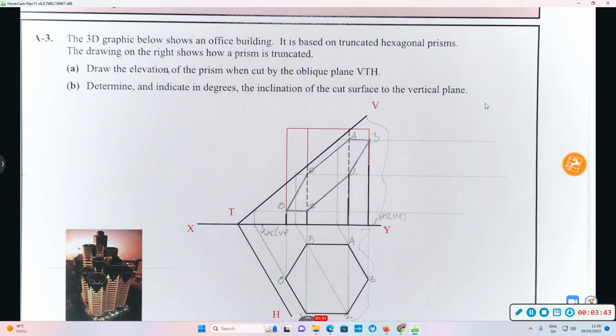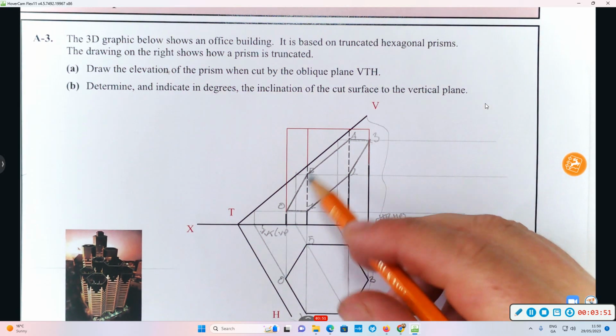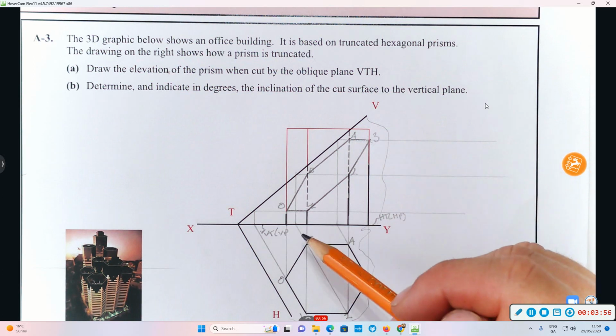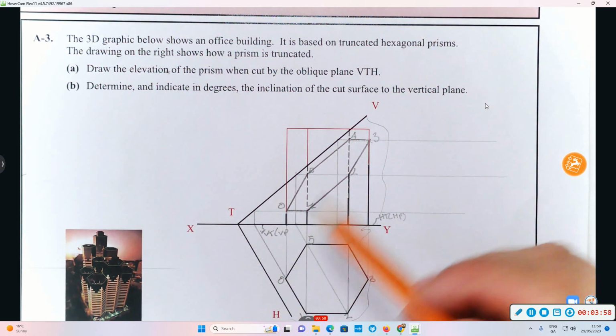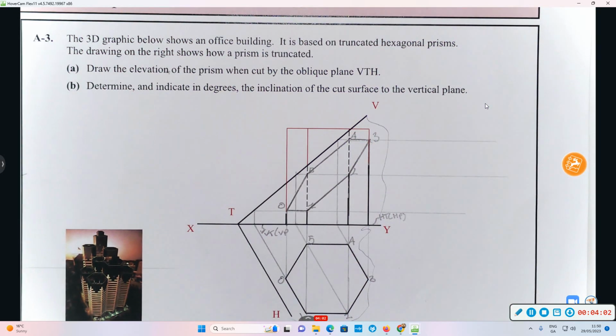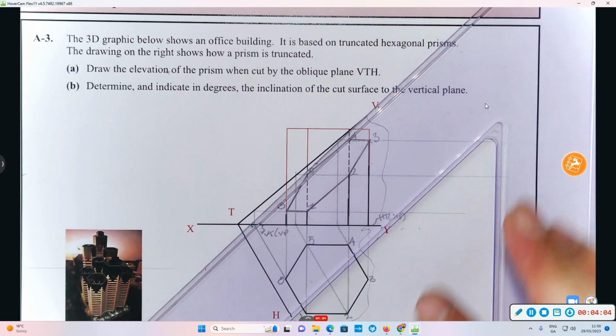Now, determine in degrees the inclination of the cut surface to the vertical plane. So, I need to see what this oblique plane makes to the vertical plane. So I'm going to look along the VT in elevation.